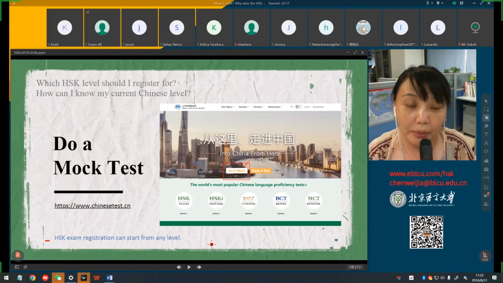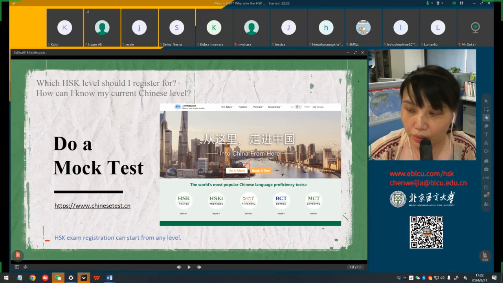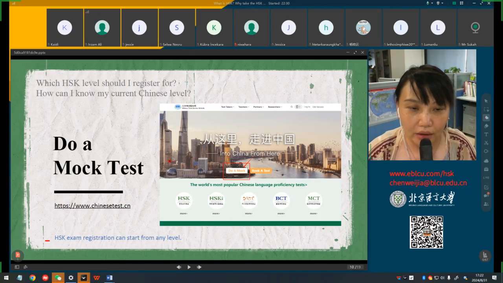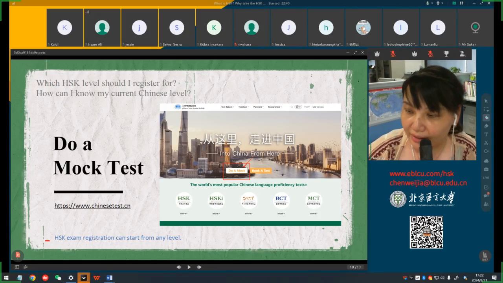You don't need to start from HSK 1. So I would suggest you do a mock test first to get an idea of which level you are in, and then have a plan of studying Chinese and taking the real HSK test.